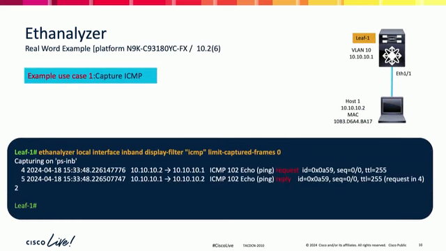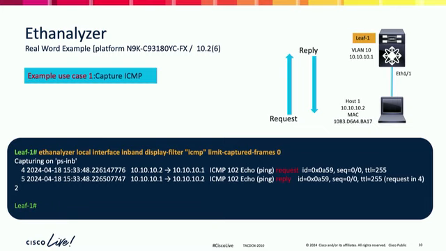In the first example use case, imagine host 1 is trying to ping the default gateway, and you want to verify if their ICMP request is reaching the gateway and if they are responding with the ICMP reply. What we see here is the ICMP request is received and the ICMP reply is generated. I use Ethanalyzer with the filter ICMP, and I can see the packet.